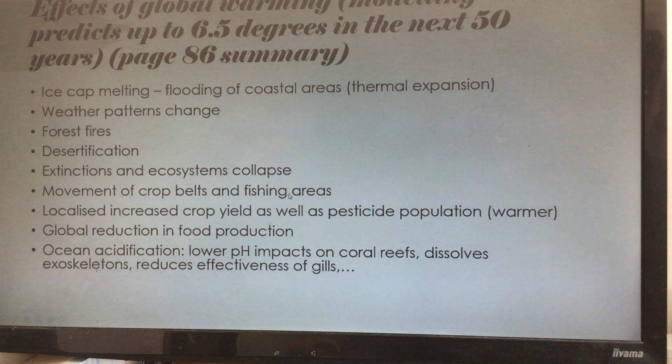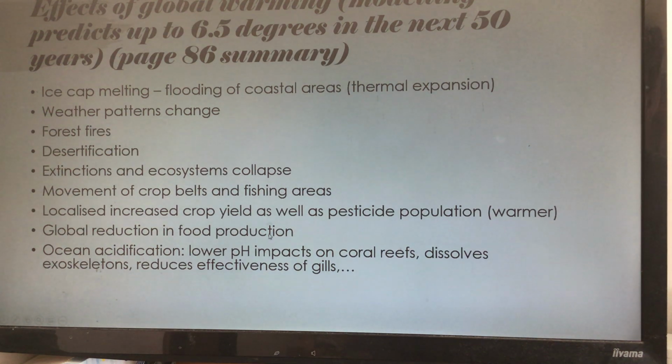Fishing areas, with moving of ocean currents, those fishing grounds will change. Localized, that means some crop yields may increase. So a bit warmer is good for crops. Sadly, also good for pests, because being warmer means they can repopulate much quicker as well. However, globally, because we're losing so much arable land, food production will be reduced.